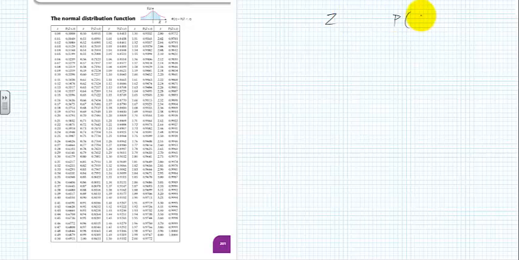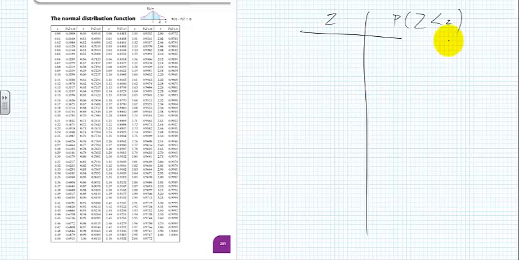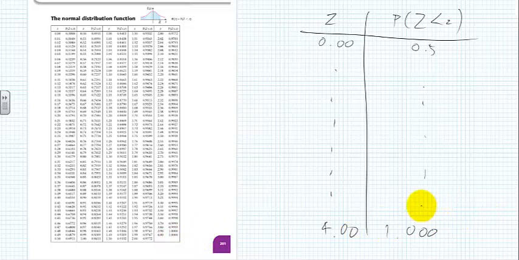There's the z values and the probability of z being less than z values, and it would have been a long table of 2 columns, starting from 0.00 all the way down to 4.00, and then the probability starting with 0.500 all the way down to 1.000. It's not exactly 1, but rounded to 4 decimal places, 1.000.